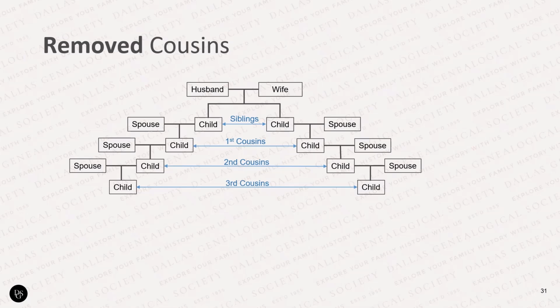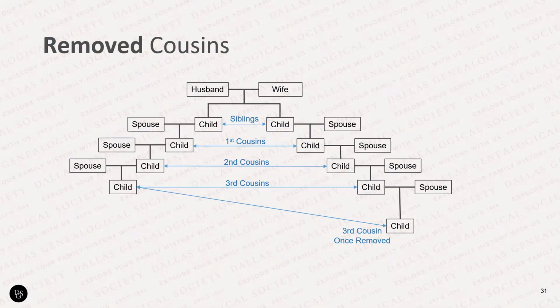The concept of removed cousins happens when you have a dissimilar relationship. For example, if one of those third cousins there on the right gets married and has children, whether or not they get married, the relationship to their third cousin would be of the child. That child would be a third cousin once removed. They're not a full third cousin; they're the child of a third cousin, and the relationship with that parent's third cousin, so to speak, would be third cousin once removed.